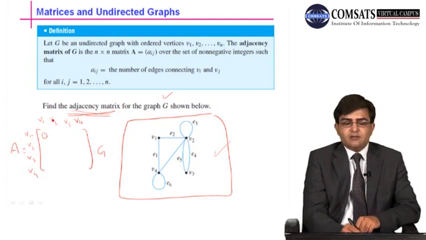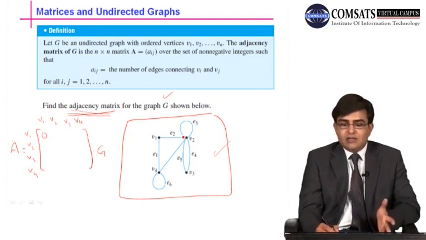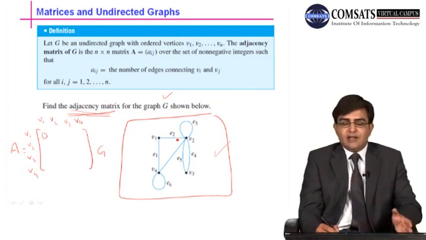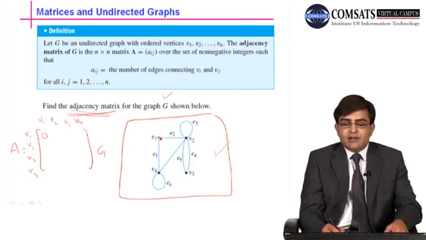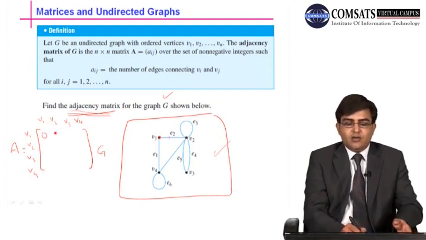Now how many edges are there which connect v1 and v2? Not from v1 to v2, because here we don't have directed arrows, we just have edges. How many edges are there which connect v1 and v2? There is only one edge which connects v1 and v2, so we write here 1.